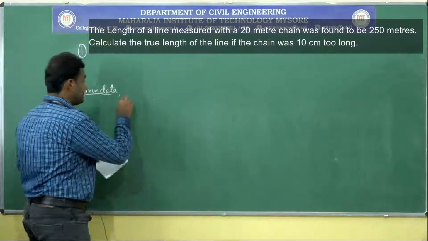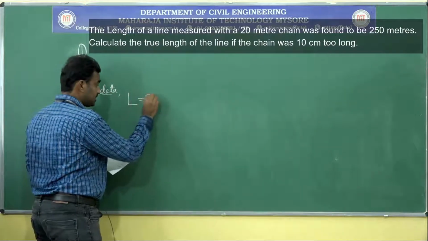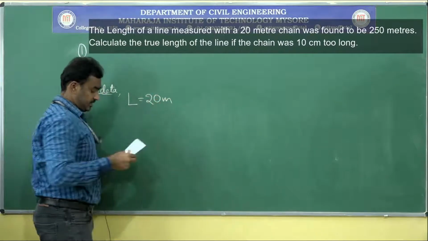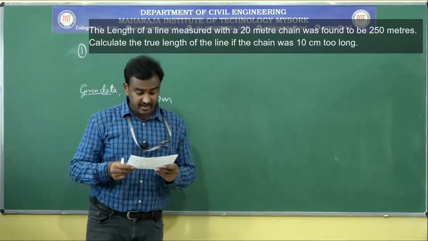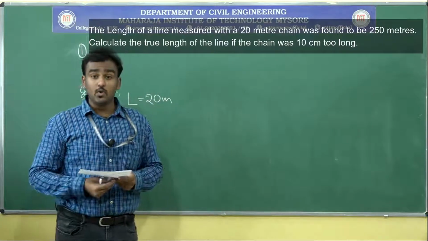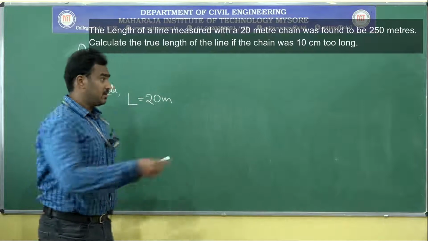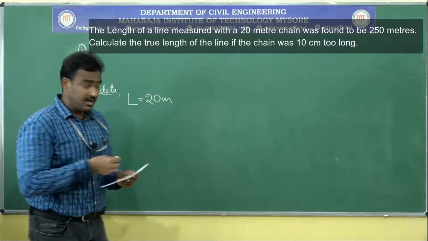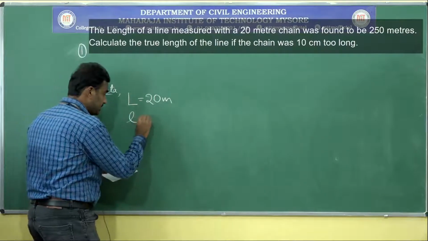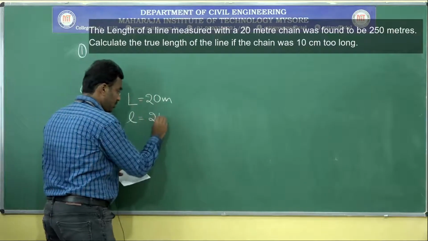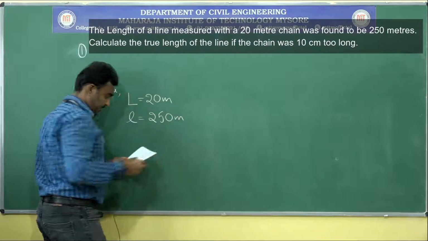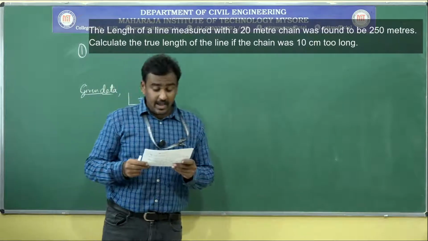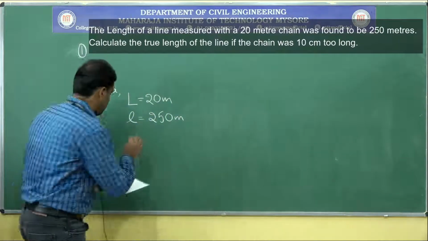That means the designated length of the chain is 20 meter. The length of the line measured with the 20-meter chain was found to be 250 meter. There is a survey line which they have measured using a 20-meter chain, so the measured length will be 250 meters.